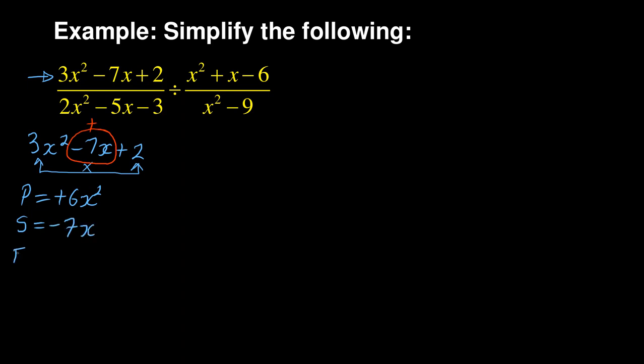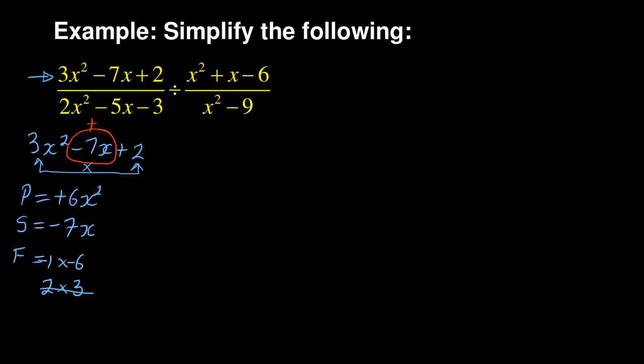So I'm looking for factors of the product, or factors of 6. And factors of 6 are 1 times 6, and 2 times 3. From these, I need to get a sum of minus 7. You can see that 2 and 3 will never give me a sum of 7. But 1 and 6, if I say minus 1 minus 6, I will get minus 7.